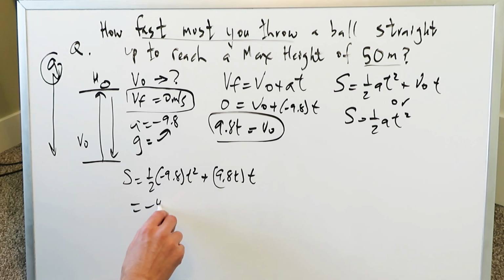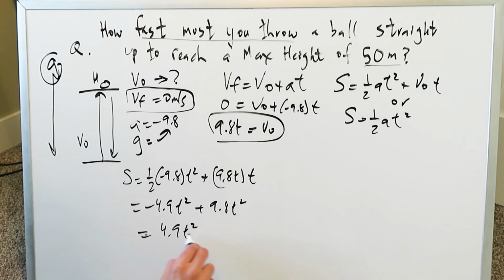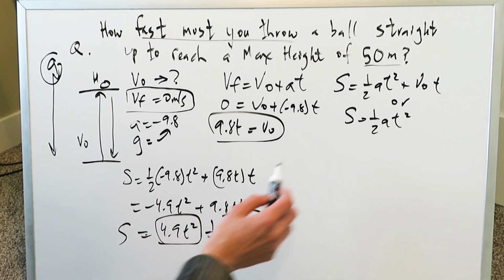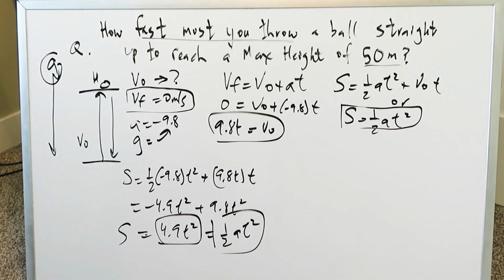You will have here a minus 4.9 t squared plus 9.8 t squared, which if you combine, because these are like terms, you'll get 4.9 t squared, which is exactly the same as half gt squared. Think about it, 9.8 divided by 2 is 4.9. So in this particular instance, you can get away with the easy formula, and that's what you should go for.